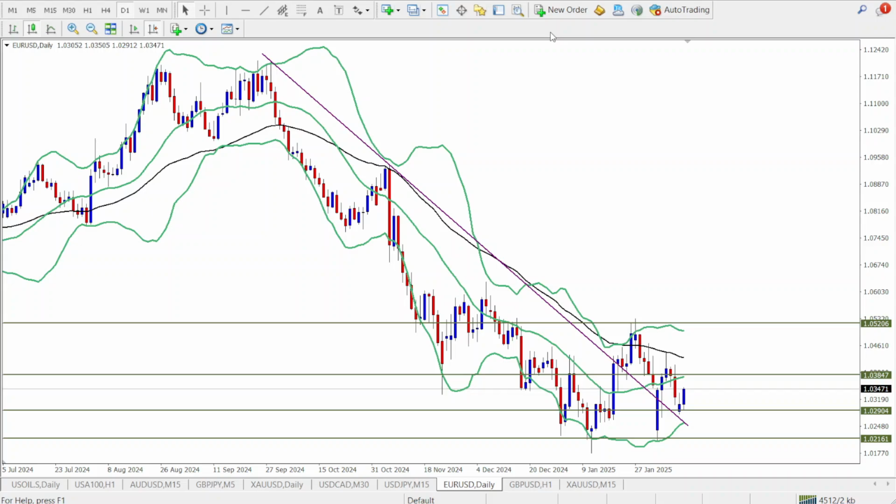Then finally, manage your risk properly. Never risk more than a small percentage of your trading capital per trade. I usually recommend a maximum of 2% of your account balance per trade. Following this structure ensures you trade with a plan rather than guessing.